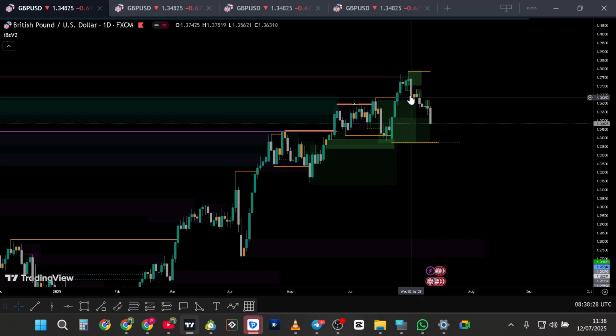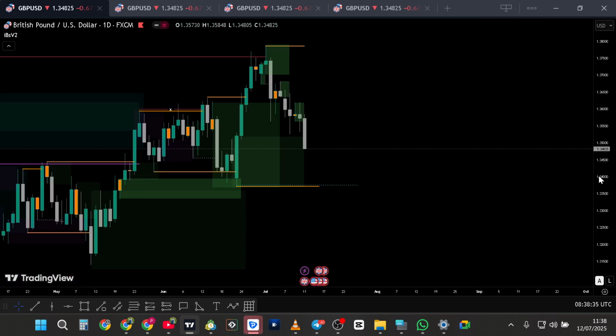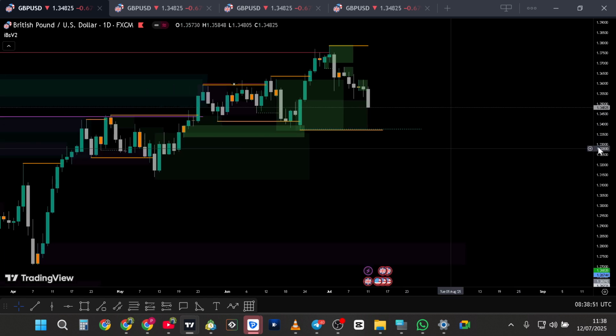I think last week price was around here, and now it has gone all the way down, and now we are looking to see if we can get some moves reacting from this demand, or maybe pushing further down to break it and continue with the downtrend.